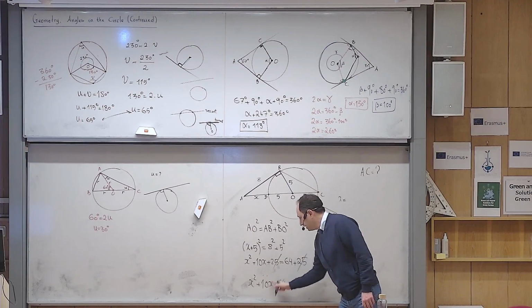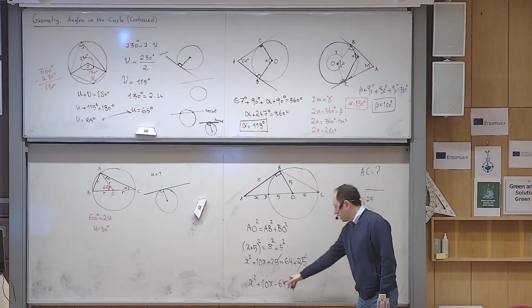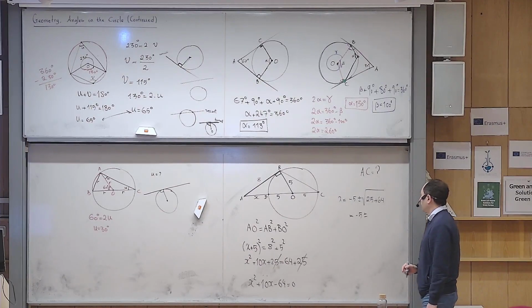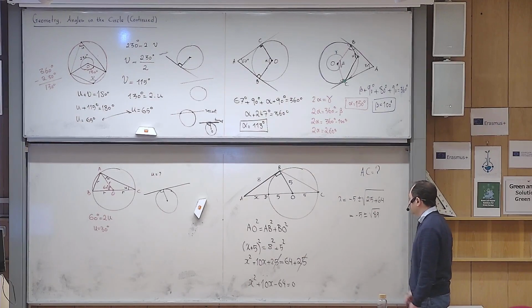This is my P in PQ formula, so divided by 2, it becomes 5 with a negative sign, plus or minus the square root of this number to power 2, but minus Q. Minus 64 becomes 64. So the answer becomes minus 5 plus or minus, what is this number? 89. But the square root of 89 is not a friendly number.